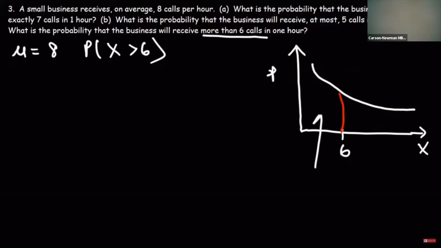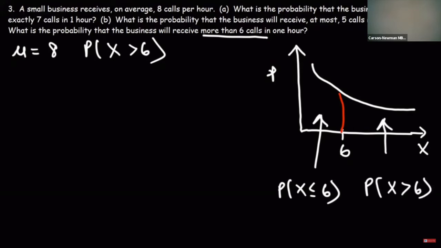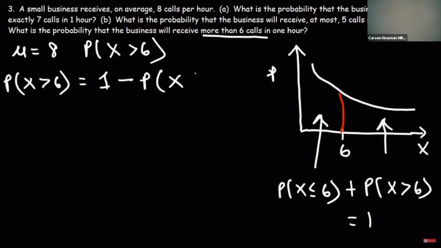So on the left side, this represents the probability that X is less than or equal to 6. On the right side, this represents the probability that X is greater than 6. Now, if we add these two values, this is going to equal 1. So if we take this term and move it to this side, we can say that the probability that X is greater than 6 is 1 minus the probability that X is less than or equal to 6.